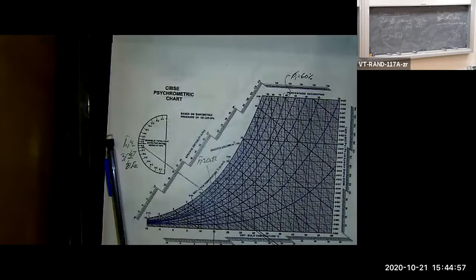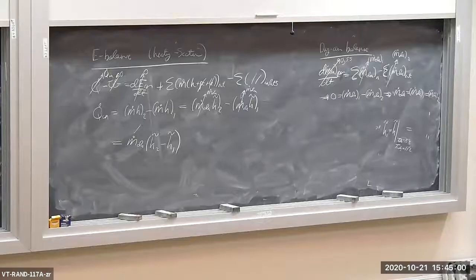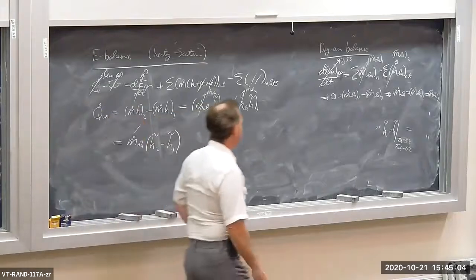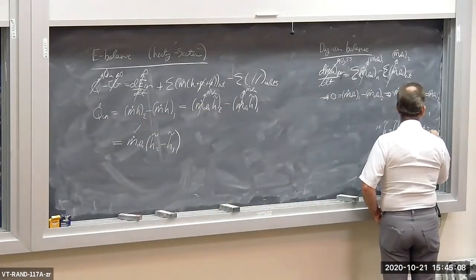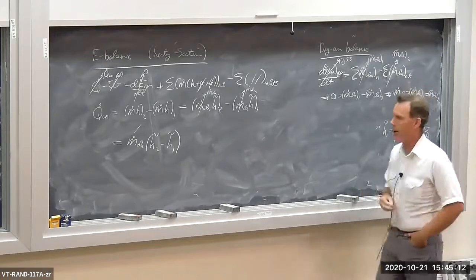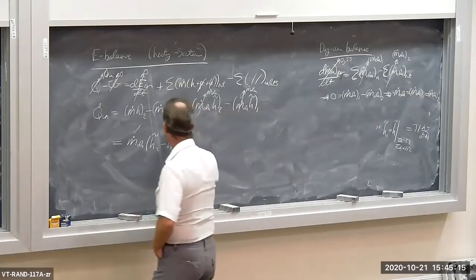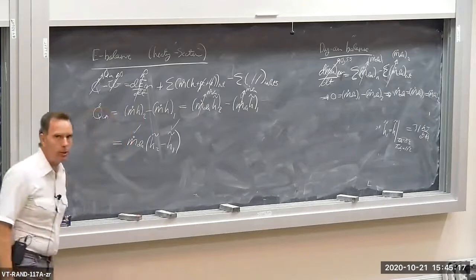Kilojoules per kilogram, and that's kilogram of dry air. So I got H tilde 1. Almost there. I just need to get H tilde 2.